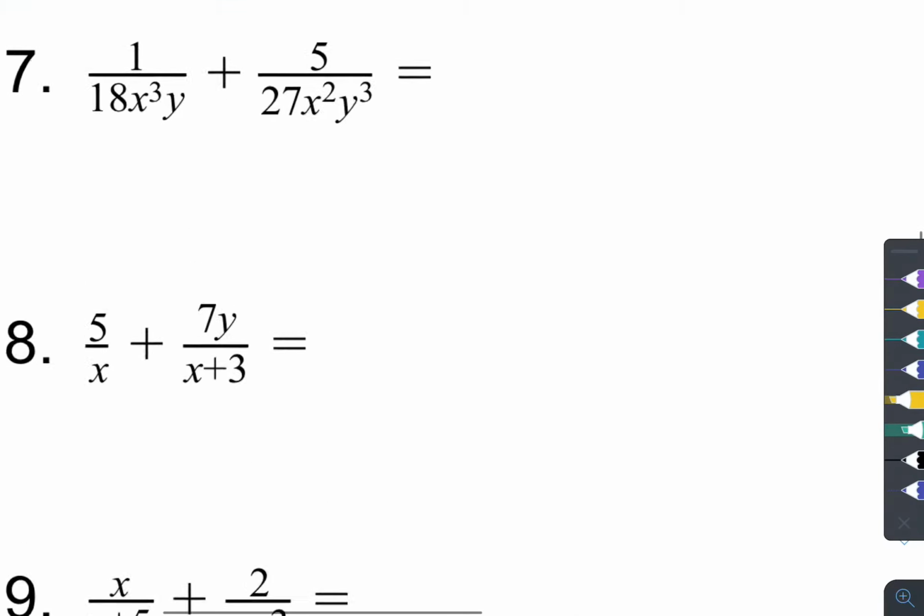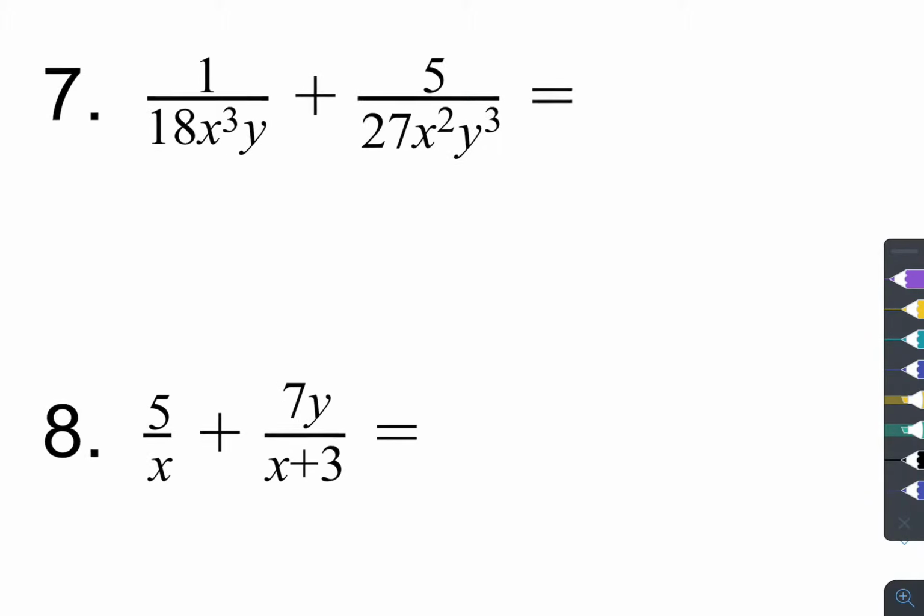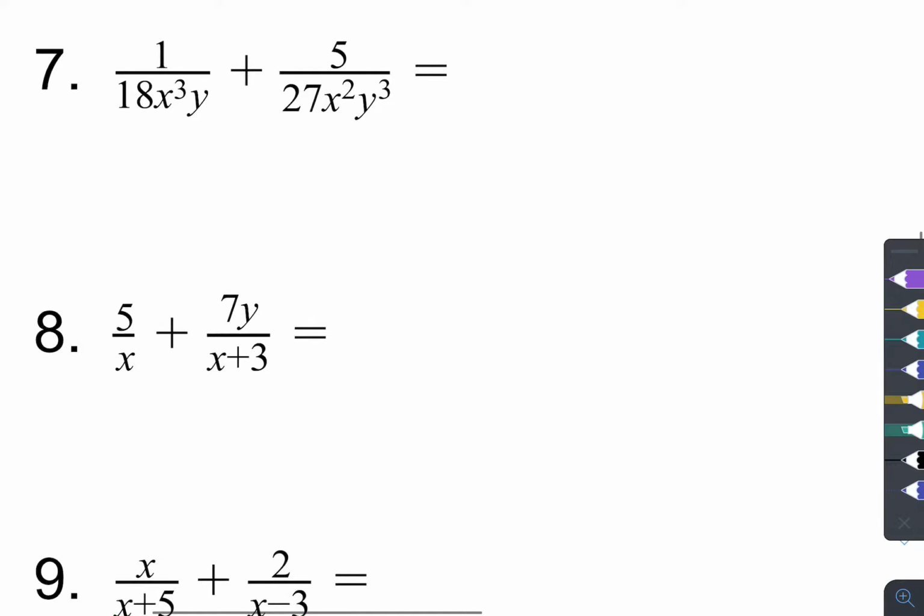All right, next up, we've got 1 over 18x to the third y plus 5 over 27x squared y to the third. So let's think of this in terms of 18. So we've got 18x to the third y and 27x squared y to the third.